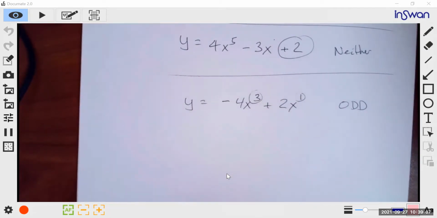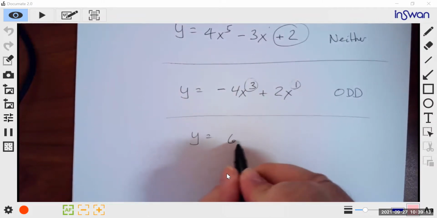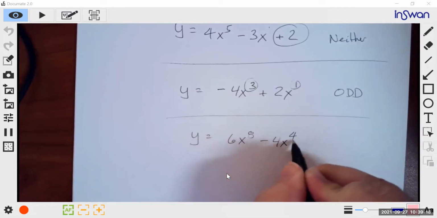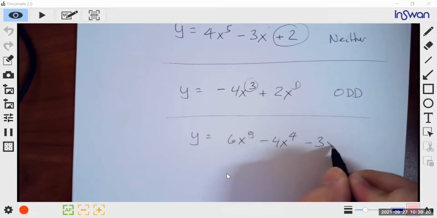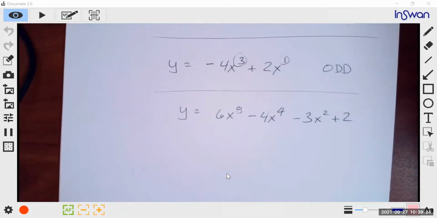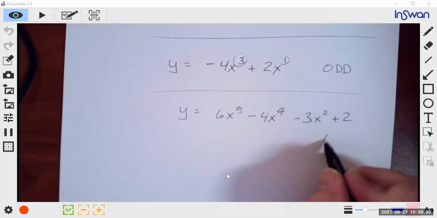It's an odd function. Odd, even, or neither? All the exponents are even, and you have a constant, so it's even.